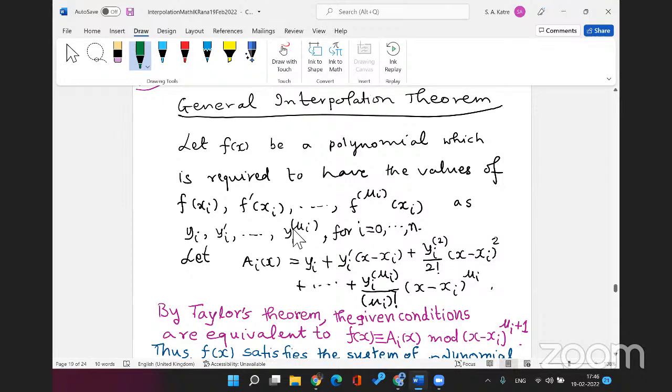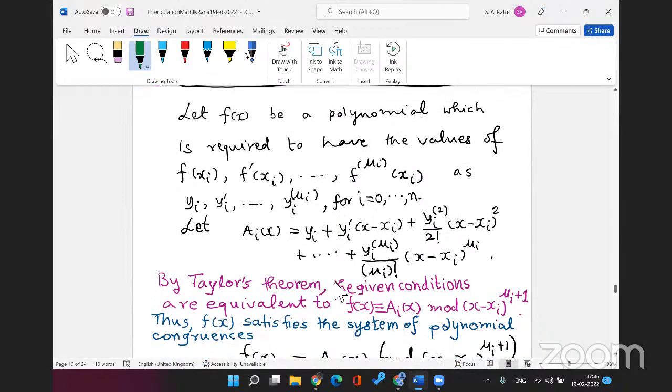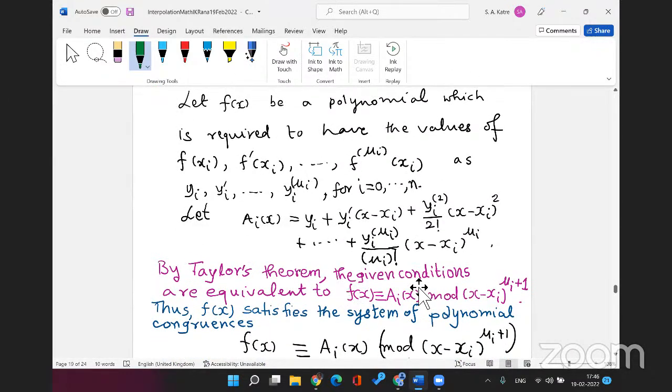These mu_i can be different or they can be the same; that is up to you. So we define a_i(x) equal to y_i plus y_i'(x minus x_i) plus y_i2 upon 2 factorial, where y_i2 is the value of the second derivative at x_i, and so on up to y_i^(mu_i) upon mu_i factorial into (x minus x_i) raised to mu_i.